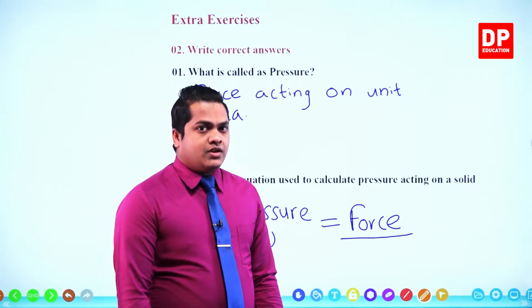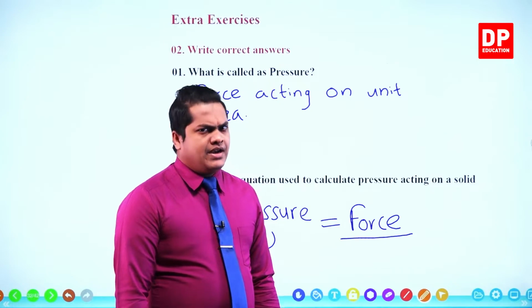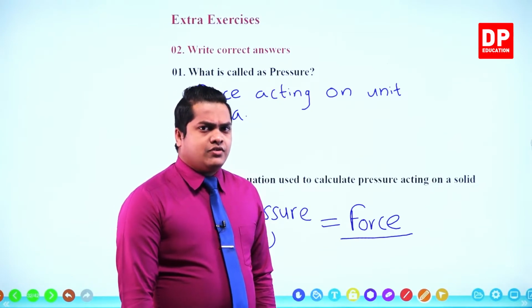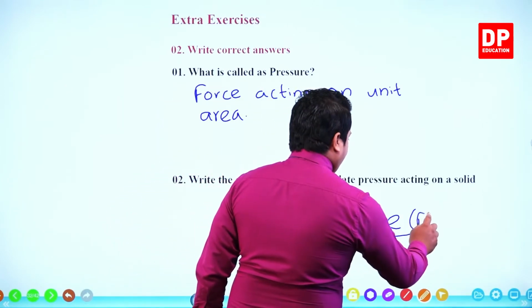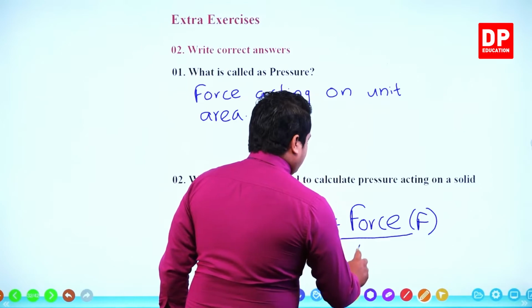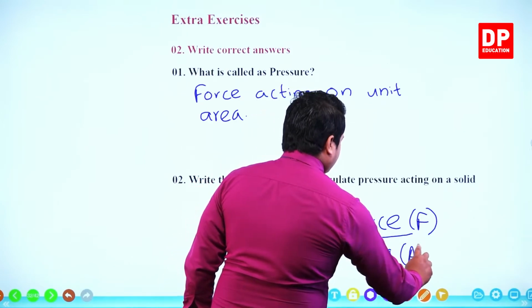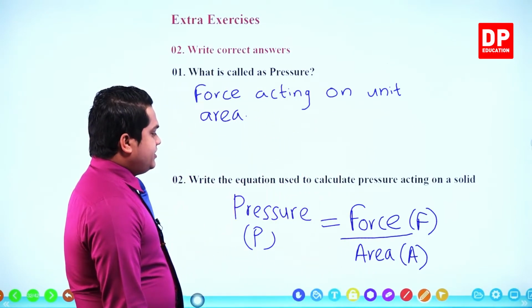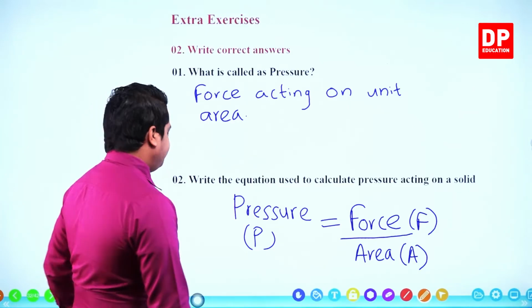So don't worry about it. It's okay to mention it as force, right? Perpendicular force is the most accurate one, but however, it's okay to mention force. So force, capital F, division area. Right? So the equation is pressure equals force upon area.